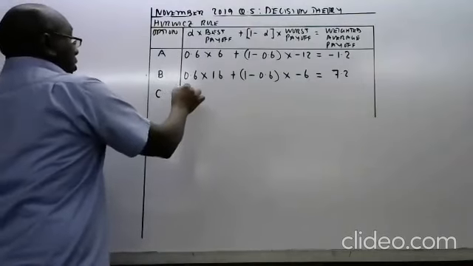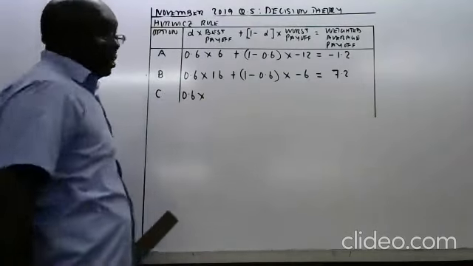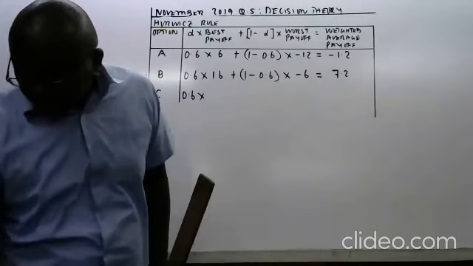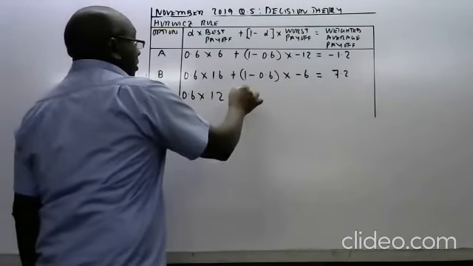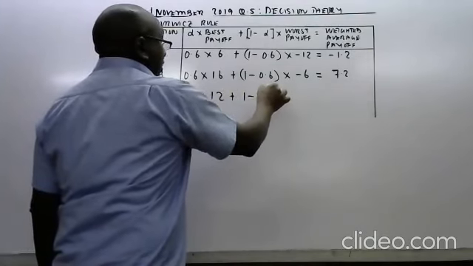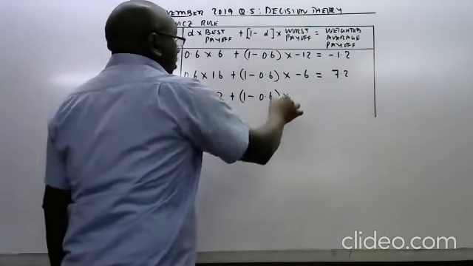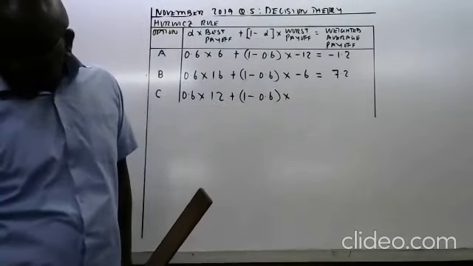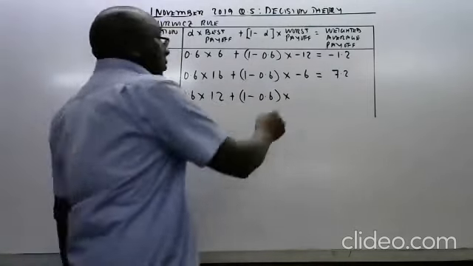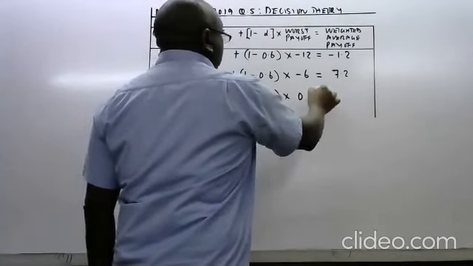You say 0.6 times the best there, which is 12, plus 1 minus 0.6 times the worst there, which is 0.